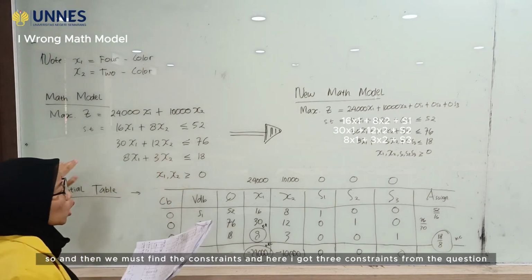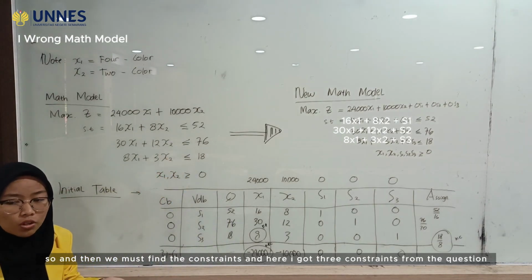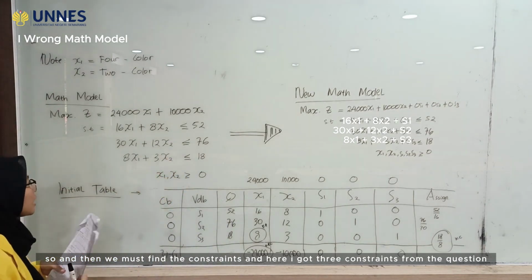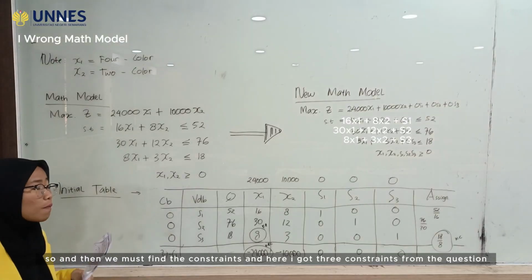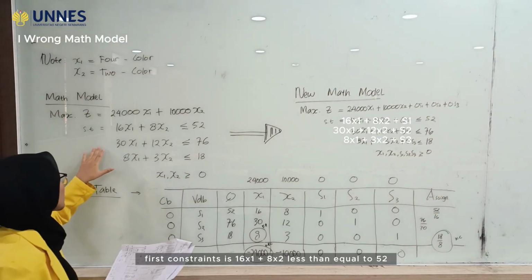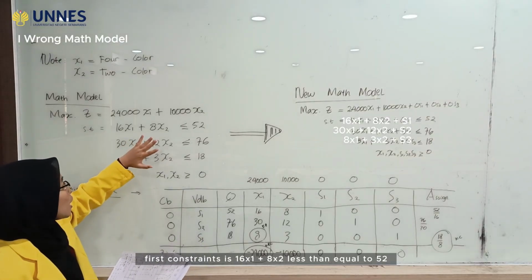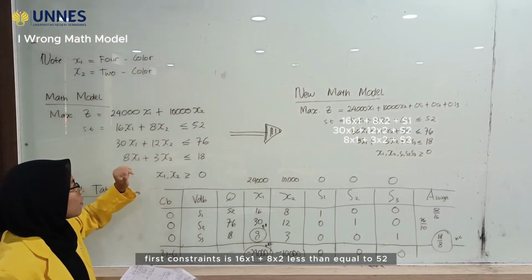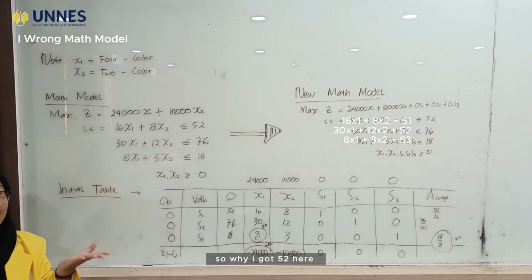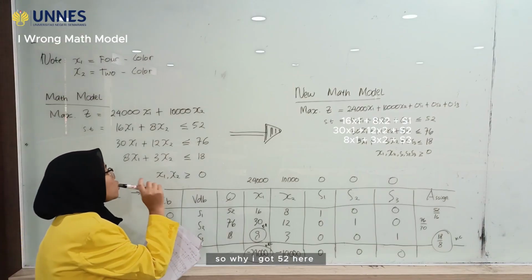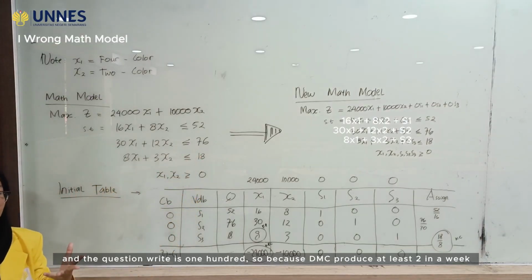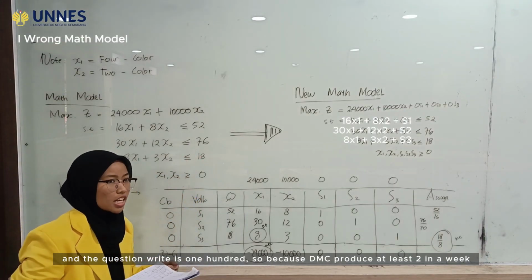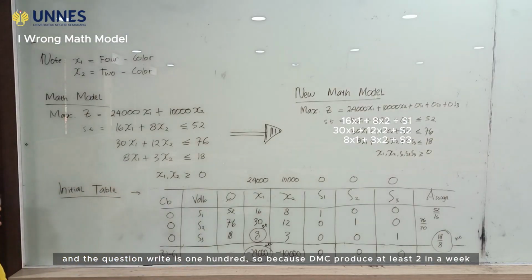Then we must find the constraints. Here I got 3 constraints from the question. The first constraint is 16x1 plus 8x2 less than or equal to 52. So why did I get 52 here? In the question it is 100.